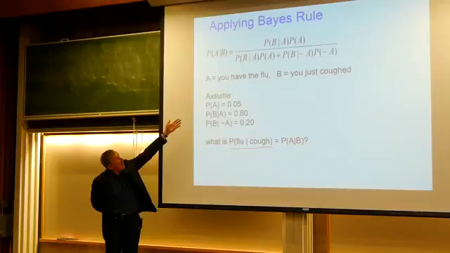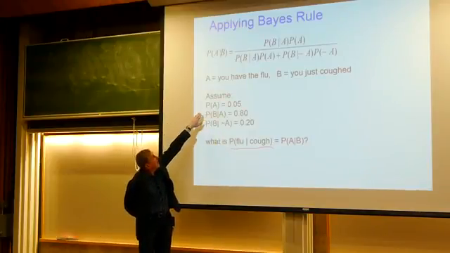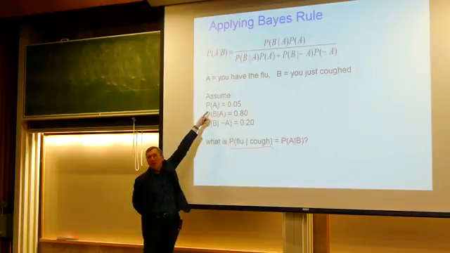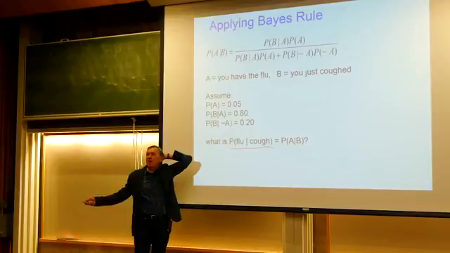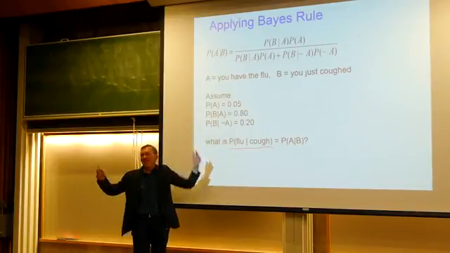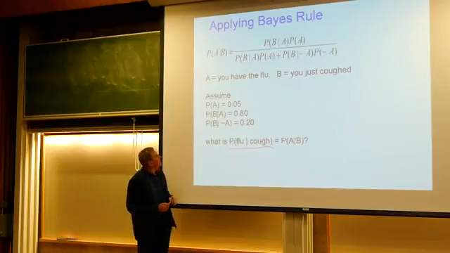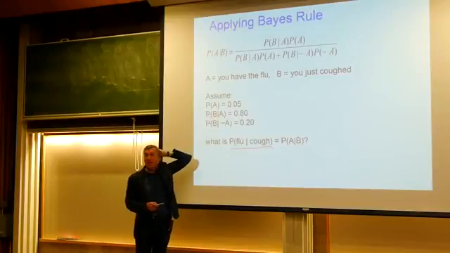And of course, we're going to have to define some probabilities. If A is that you have the flu, what's the prior probability that somebody has the flu? Maybe in general, pretty low. Today it's the middle of flu season, so maybe 5% probability that you have the flu. What's the probability that you will cough if you do have the flu?